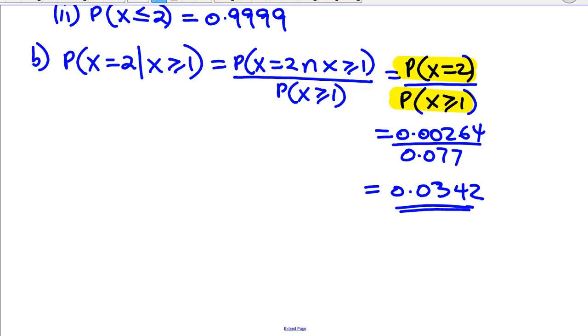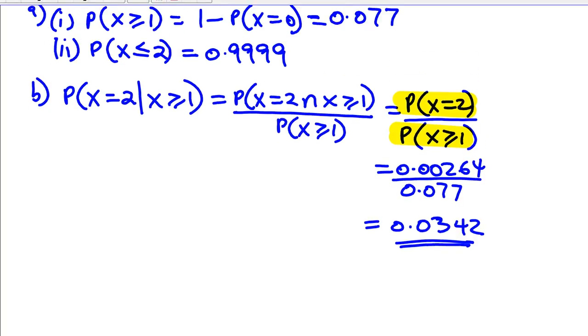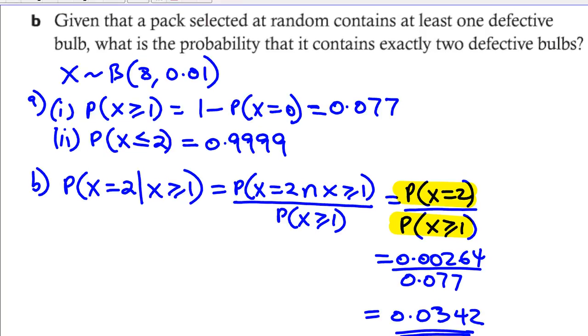It's the same way: the numerator you plug in using PDF, and the denominator using CDF, and then you should be able to get that.